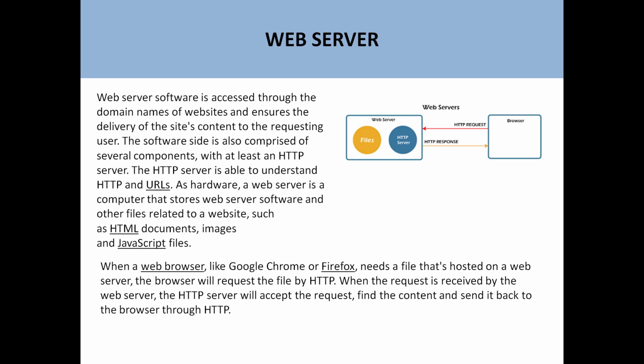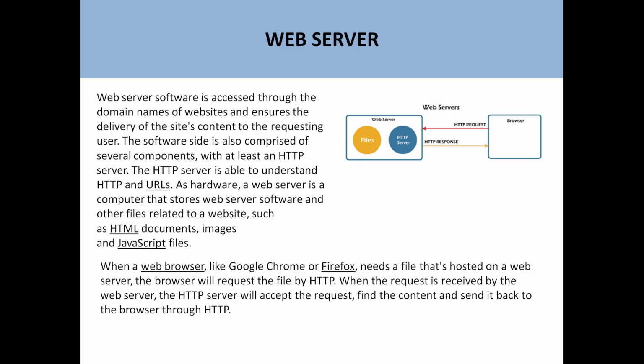The HTTP server is able to understand URLs. On the hardware side, a web server is a computer that stores web server software and other files related to the website, such as HTML documents, images, JavaScript, etc. So basically two things are there on the web server.